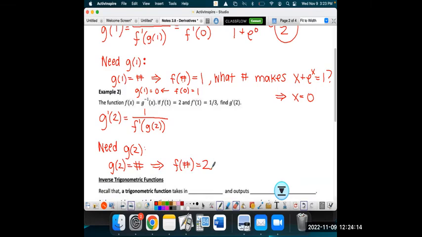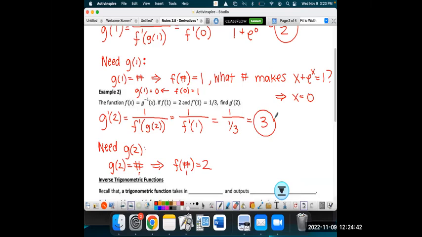And if you read the problem, it tells us what that number is. f of 1 equals 2. So that means that g of 2 equals 1. And it also tells us what f prime of 1 is. That is 1/3. 1 over 1/3 is 3.